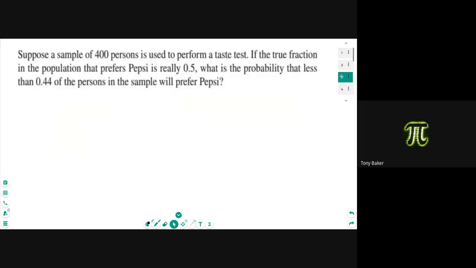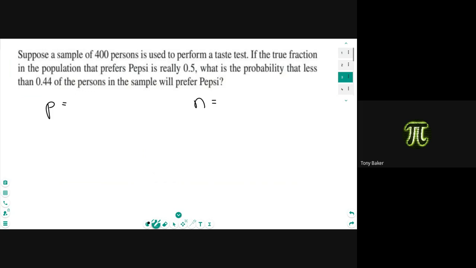Okay. So in this case, what's P? That's one of the two pieces in it. What's the other? We have two probabilities in this problem, right? The 0.44 and the 0.50. So which one is the assumption? What is the fraction of the population, I should say?